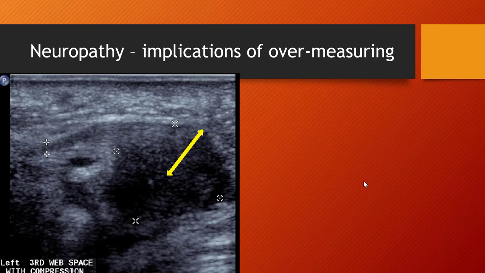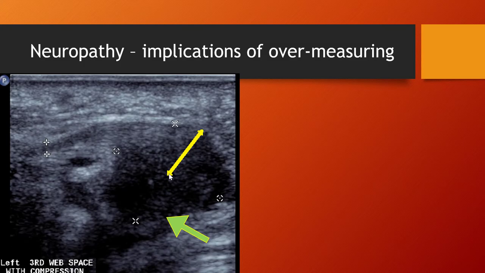So ultrasound contributes to the wall of shame here. This was measured as the nerve from here to here, when in actual fact the nerve is only this most plantar component. The implication is that if you measure a nerve over 5 millimeters, then surgical treatment may be considered, and it's usually a dorsal approach to cut it out.